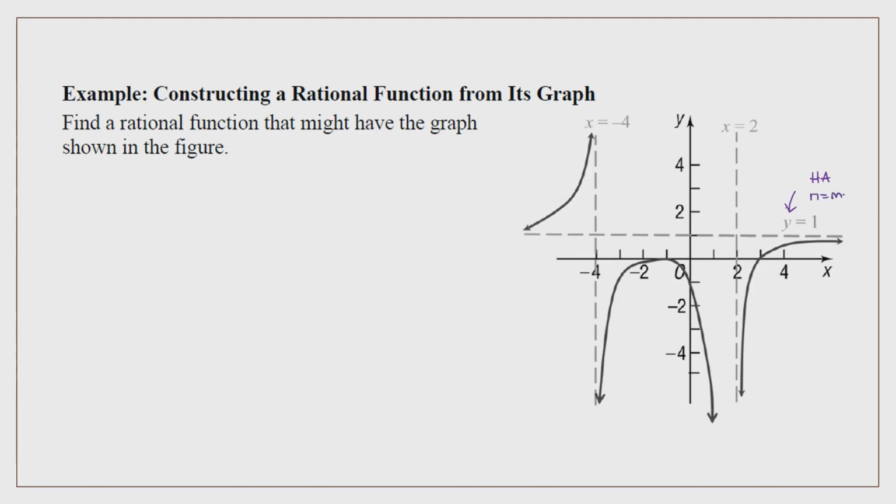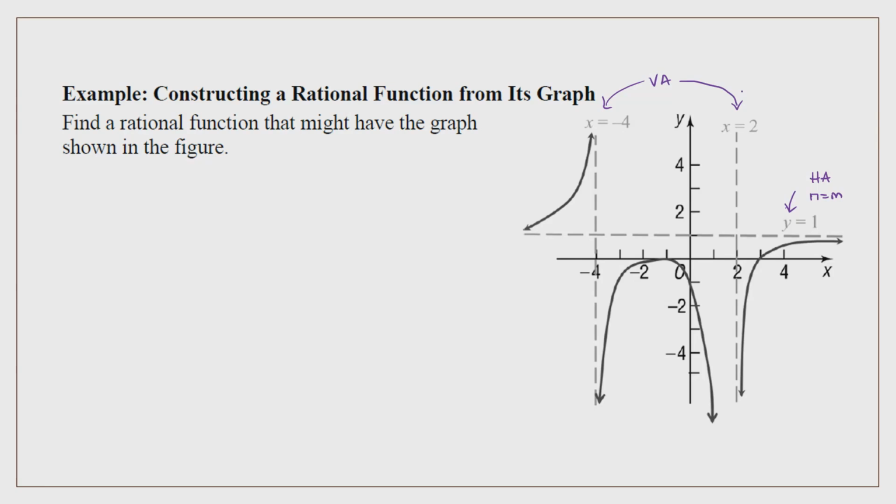So that means our degree in the numerator and denominator is going to be the same because y equals 1. Okay. Now we have 2 vertical asymptotes.